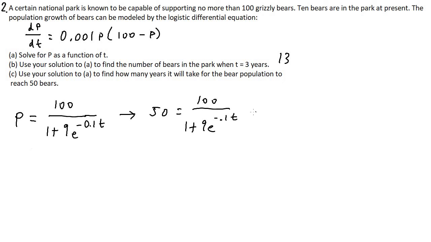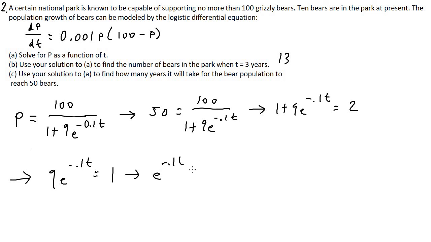Solving it by hand, once again I'm going to switch both these places. So we'll get 1 plus 9e to the negative 0.1 t equals 100 over 50, or 2. Then when I subtract over the 1, 9e to the negative 0.1 t equals 2 minus 1. And so e to the negative 0.1 t gives us 1 over 9.